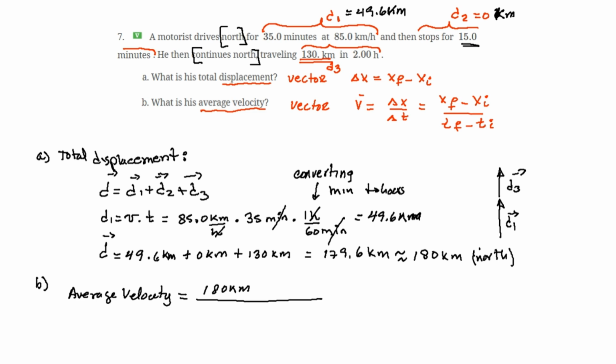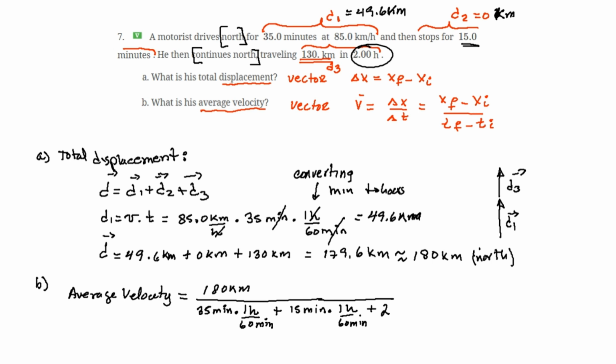So 35 minutes. Remember that we need to convert 35 minutes to hours, because we want the average velocity in kilometers per hour. So you say 35 minutes times 1 hour in 60 minutes, plus 15 minutes times 1 hour in 60 minutes, plus 2 hours.